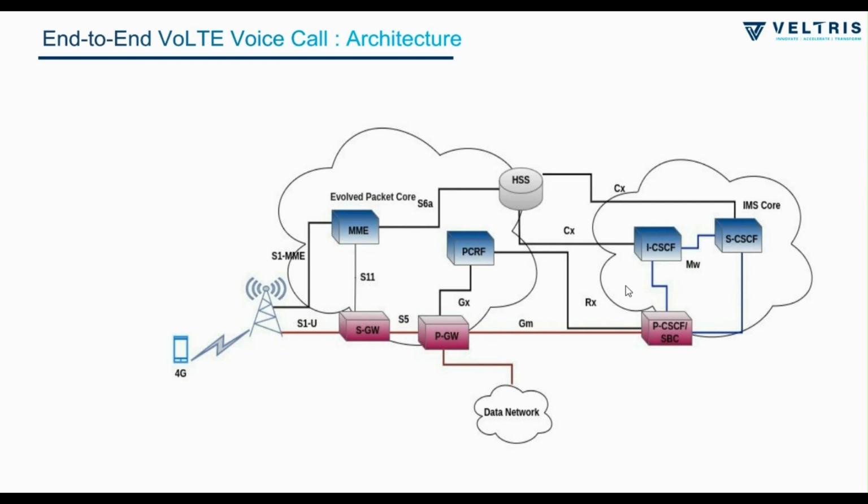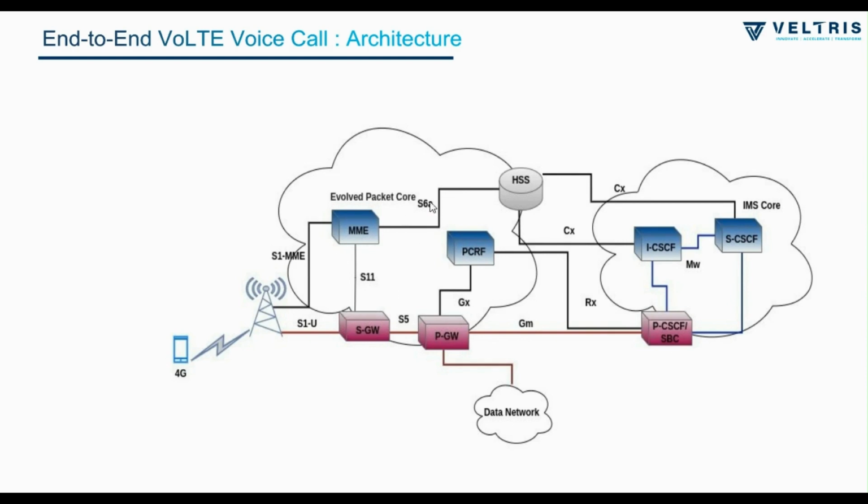Let's see the calling part. There are two Samsung phones in the lab. One phone is initiating the call. The call request is sent to the eNodeB first, which is responsible for managing all the resources and acts as a bridge between the user equipment and the EPC.